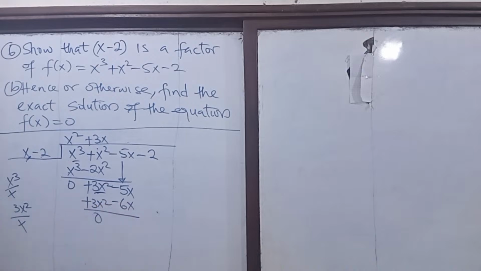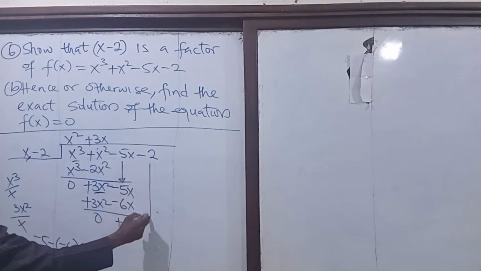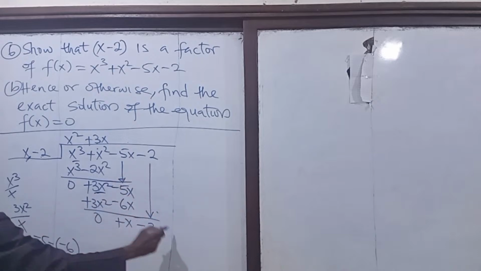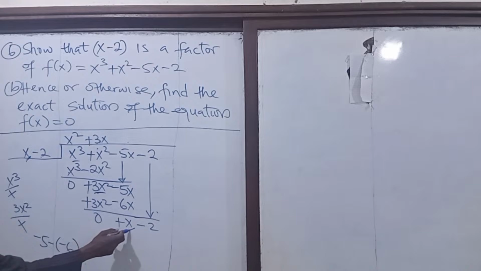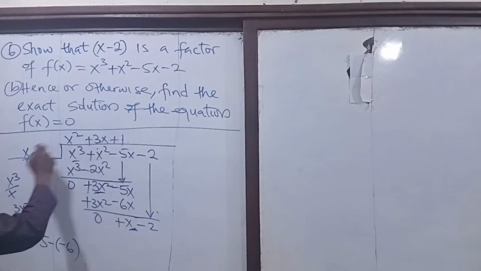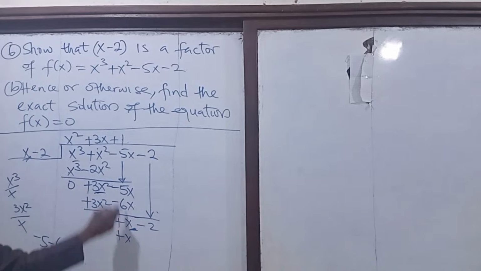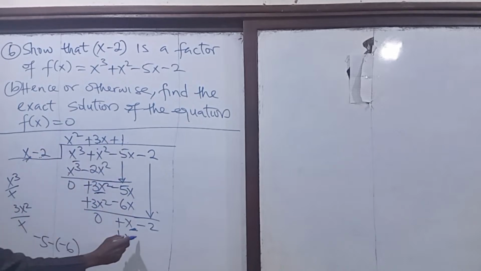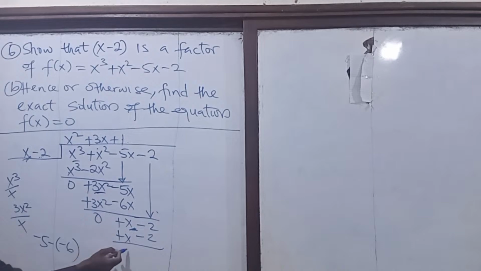This is 0. Minus 5x minus minus 6x is a plus x. Take the next one down, that's minus 2. The first term over the first term gives a plus 1. So 1 times x is a plus x, and 1 times minus 2 is minus 2. Do the subtraction. This will be 0, this will be 0.